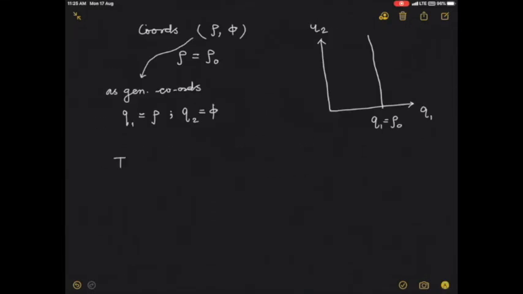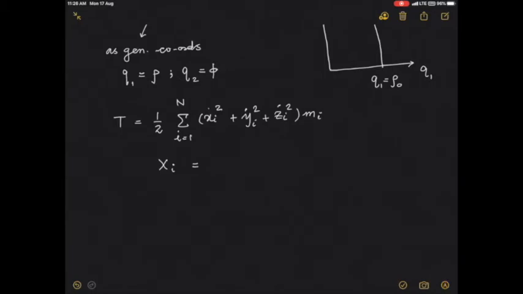Remember, we wrote down the kinetic energy. The kinetic energy in 3D Cartesian is given by the sum over i equals 1 to n of xi dot square plus yi dot square plus zi dot square, and I forgot to put the all important mass. We had capital Xi, which should be defined as root over mi times xi.